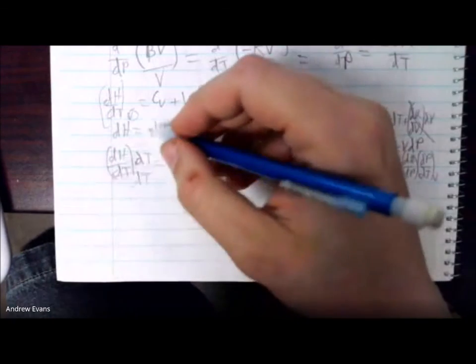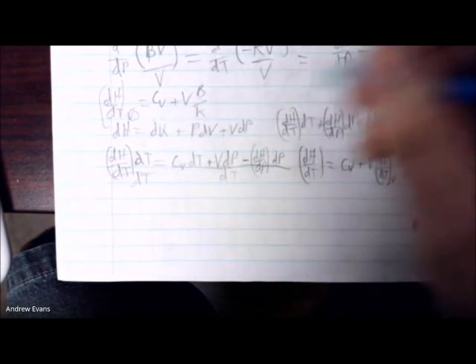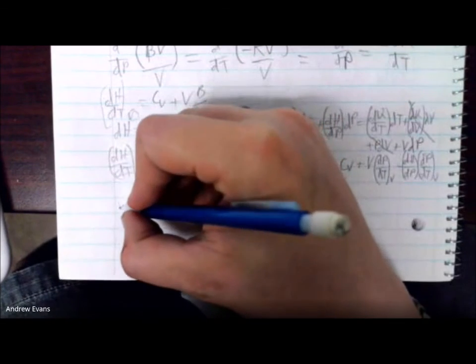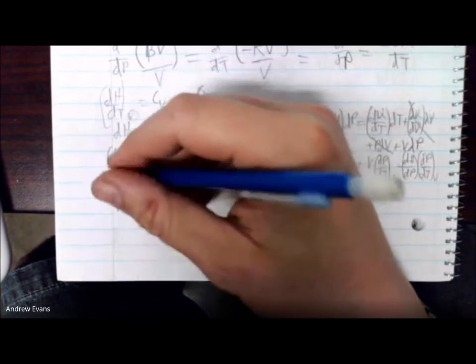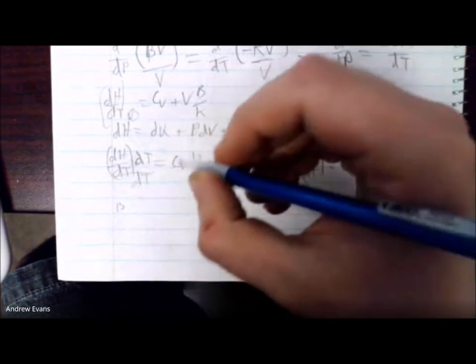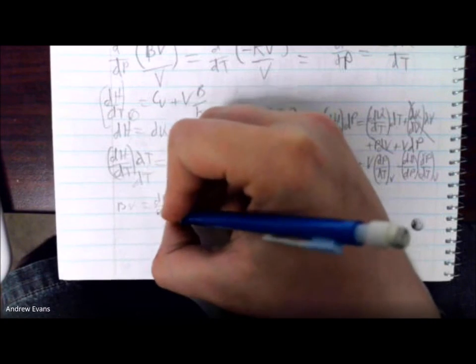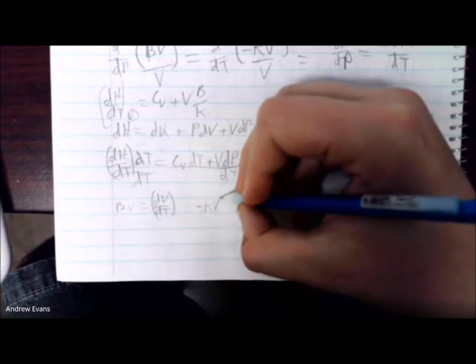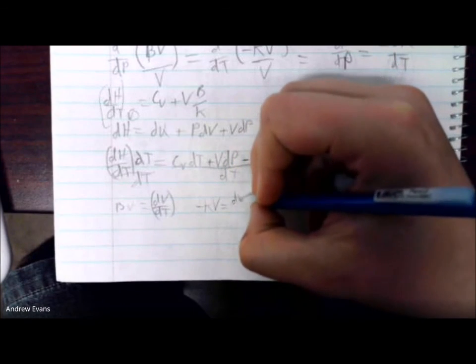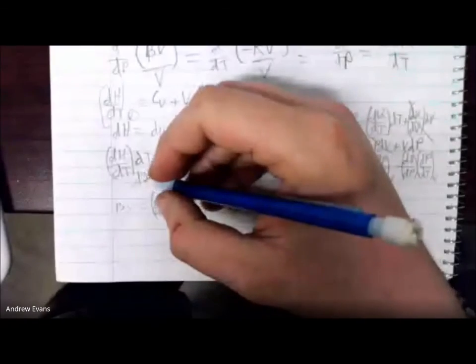Well, here's where we get our conversion. If beta volume is equal to dV dT, and negative kappa volume is equal to dV dP, we can use the cyclic rule to exchange dP dT for something else.